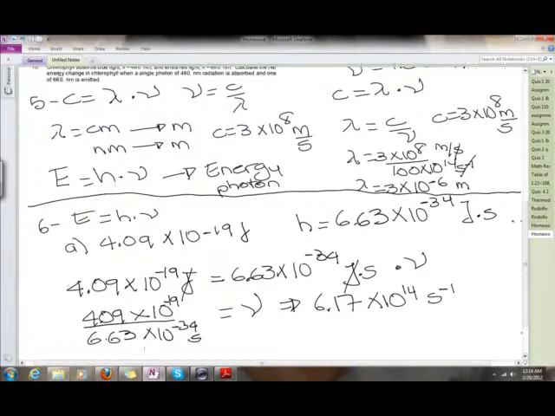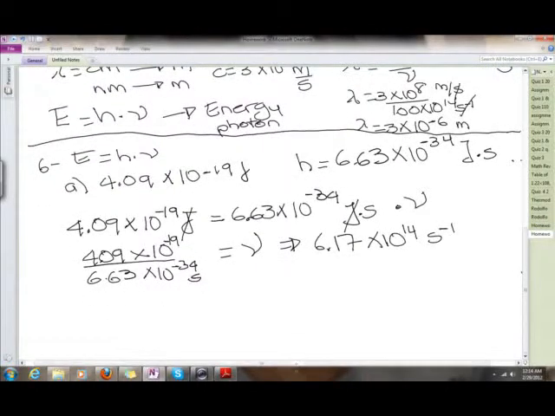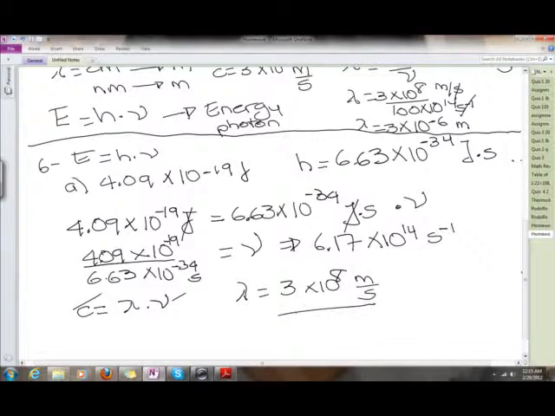Now you got this, and what you have to do is simple. The only thing you have to do now is find from the equation, speed of light is equal to wavelength multiplied by frequency. You got the frequency, you got the speed of light, and you have to find the wavelength. It's equal to 3 by 10 to the 8, which is the speed of light, meter per second, divided by 6.17 by 10 to the 14, 1 over second.